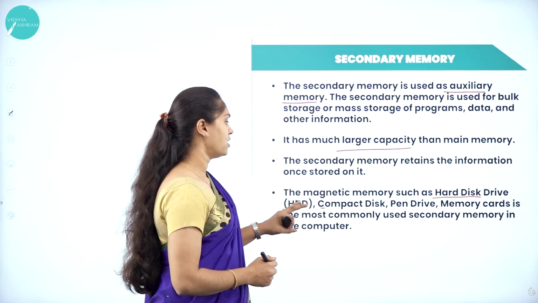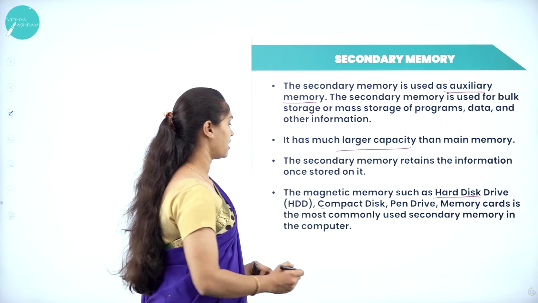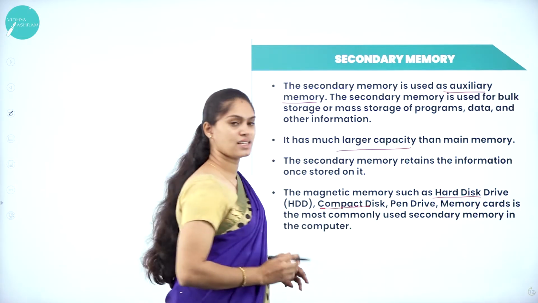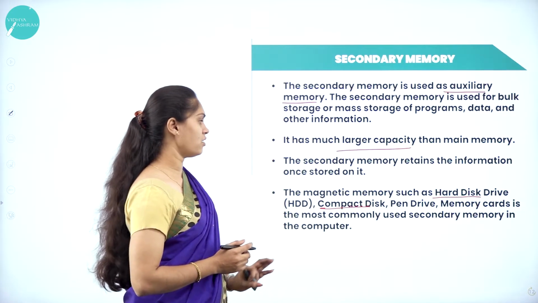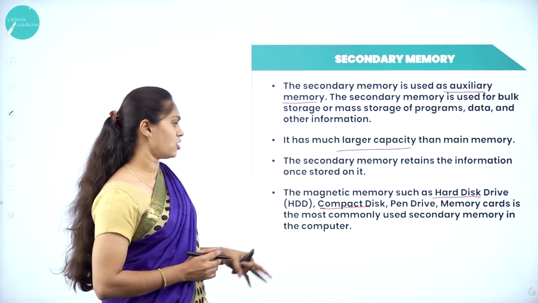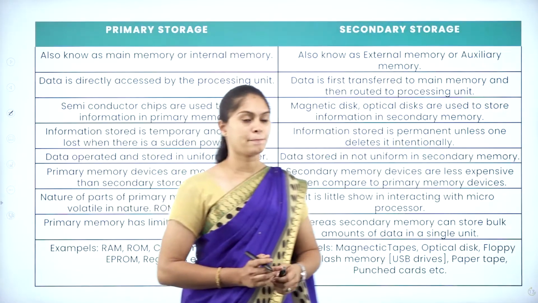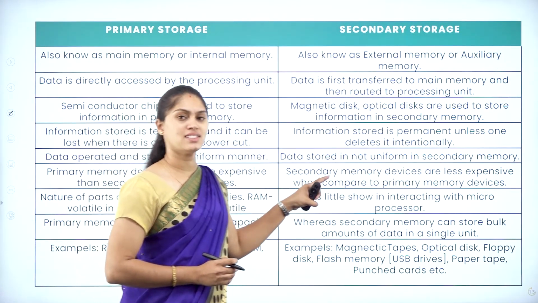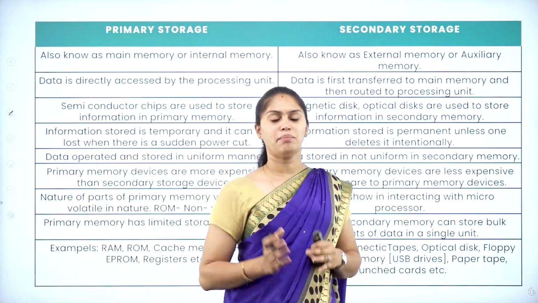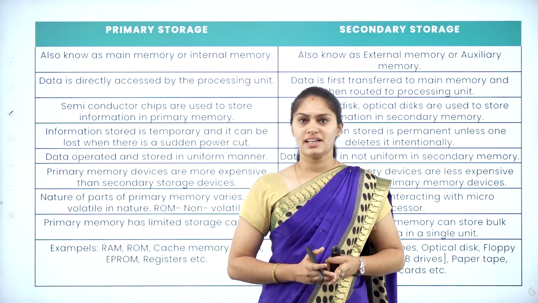What comes under secondary memory is compact disk, that is CD, then pen drive, memory cards. These are the most commonly used secondary memory devices. Here you can see several differences between the primary memory and secondary memory.